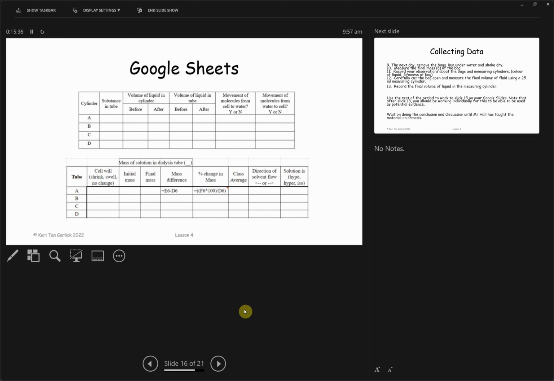So you take the final mass minus the initial mass, and then you get your answer. Then you take that answer, multiply it by 100 and divide it by the initial mass. Are we okay with that so far? I'll show you on the sheet and we can talk about it a bit more. Okay?